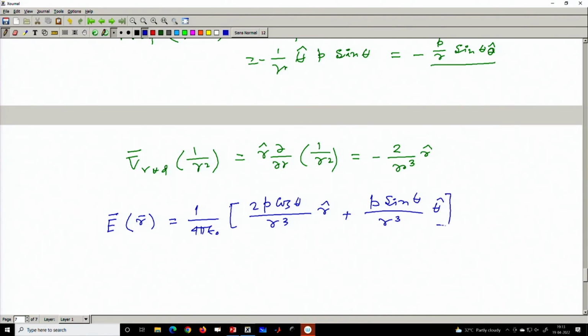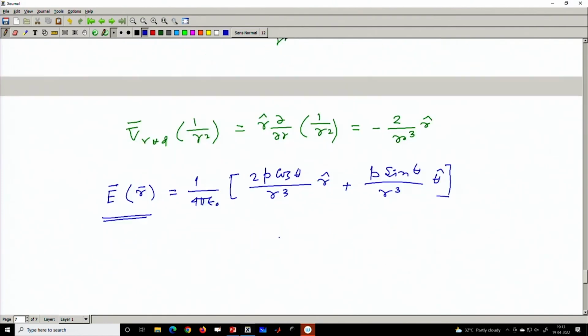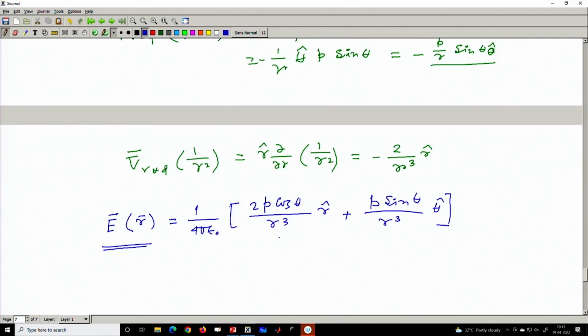Mind it, now I write my total electric field in terms of r theta phi coordinate. Phi is not there, only r theta is there because it is a two dimensional electric field.